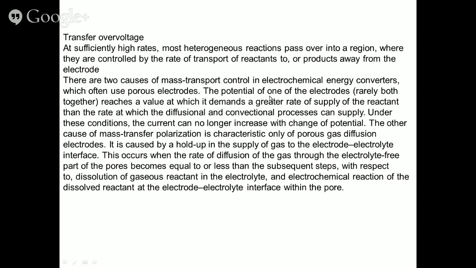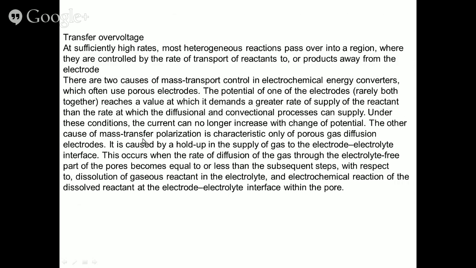The potential of one of the electrodes, rarely both together, reaches a value at which it demands a greater rate of supply of the reactant. If I were to go on changing the potential, the electrochemical reactions will become faster. Therefore, the supply of the reactant to the electrode surface will become controlled by the rate at which the diffusional and convective processes can supply. Under these conditions, the current can no longer increase with the change in potential.